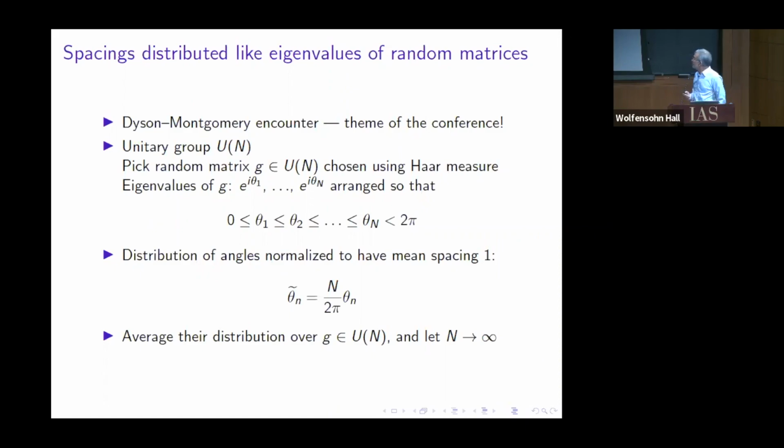The idea is that if you take a random matrix from the unitary group, arrange its eigenvalues from theta 1 to theta n so that they lie between 0 and 2 pi, and then ask for the distance between two consecutive neighbors, consecutive angles, and then average that over all elements in the group and let n go to infinity. The distribution that you get is supposed to be the same as the distribution that you get for the normalized spacings between zeros of the zeta function. So it's quite a remarkable conjecture.